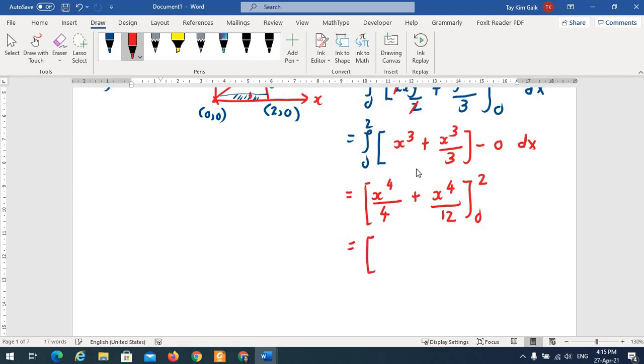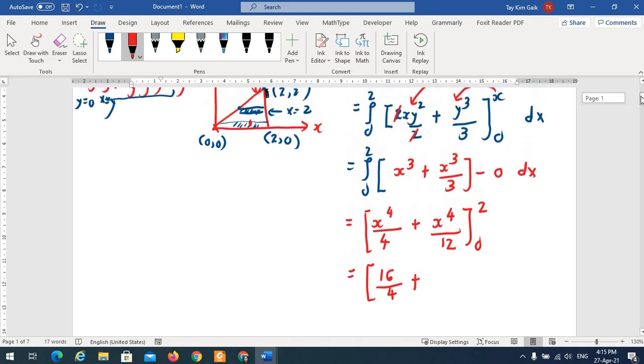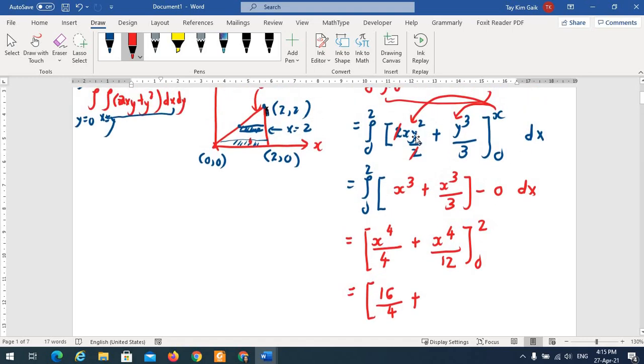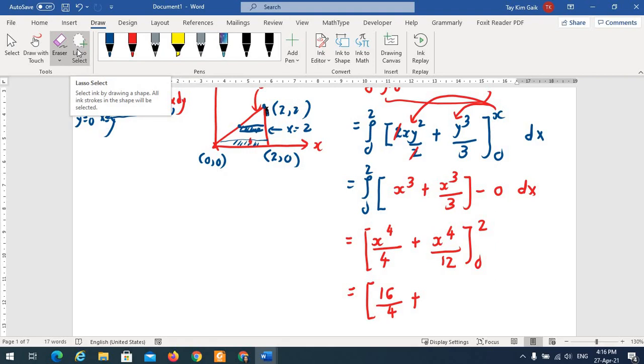So you get 2 to the power 4, 16, divided by 4. You can actually sum these two first.